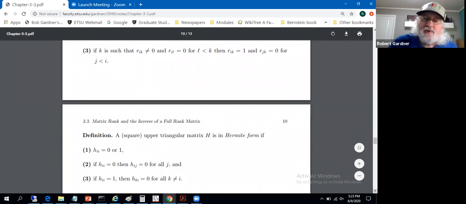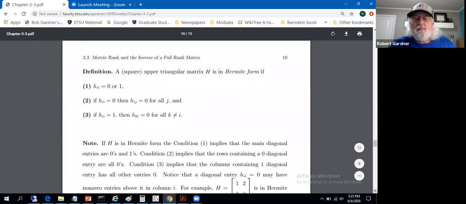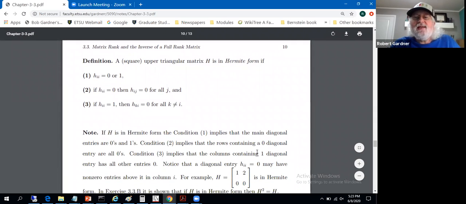Another little form, just for the record, while we're talking about forms of matrices, is Hermite form. A square upper triangular matrix H is in Hermite form if H sub II equals 0 or 1. Okay, that means along the diagonal, we've only got zeros and ones.